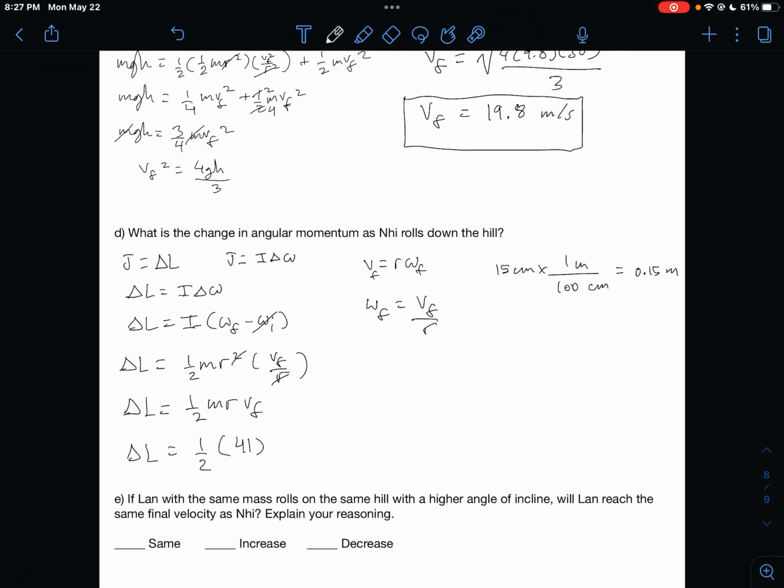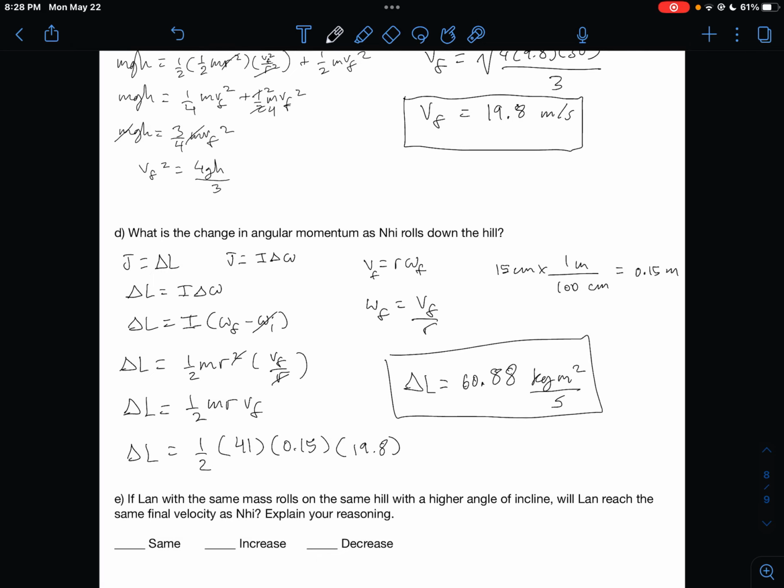So her change in angular momentum will be 60.88 kilogram meters squared per second.